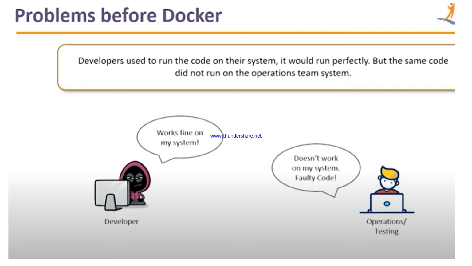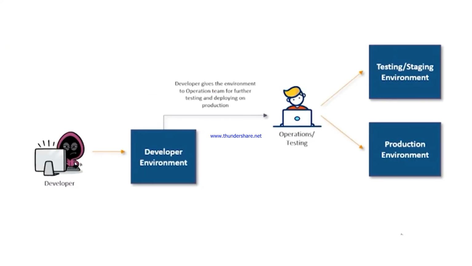If you face these types of issues, we call them environment issues, and we need to resolve them. To resolve this type of environment issue, we need to create environment setups.